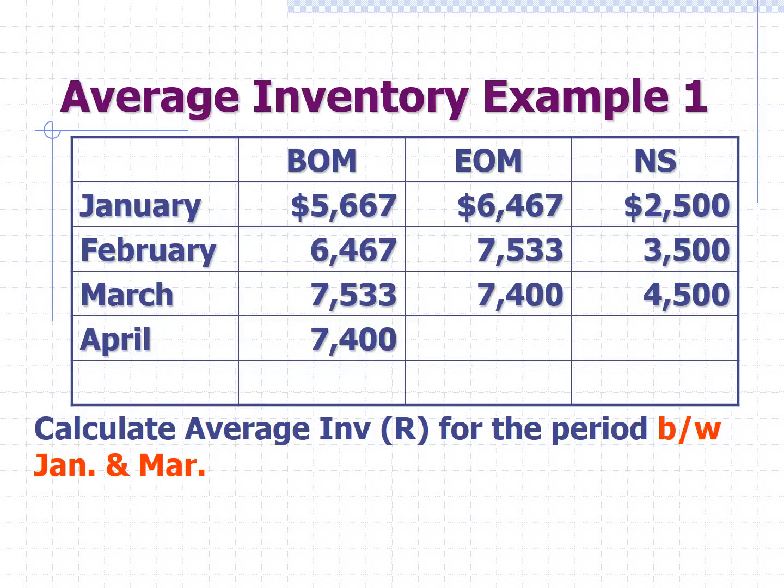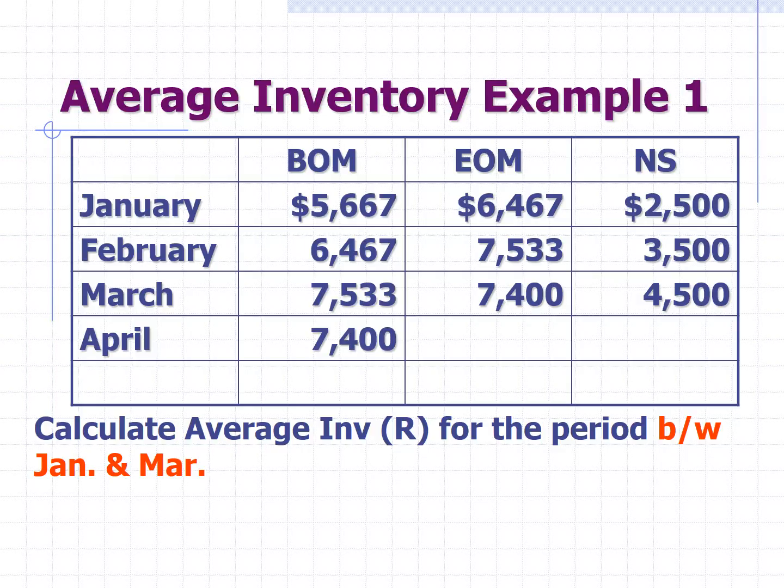Okay, so let's take a look at one example problem here, okay? The problem setup gives us the BOM of January, February, March, and April, so 4-month BOM, and the EOM of the first 3 months, January through March, as well as the net sales of the first 3 months. And the question asks us to calculate the average inventory at retail for the period between January and March.